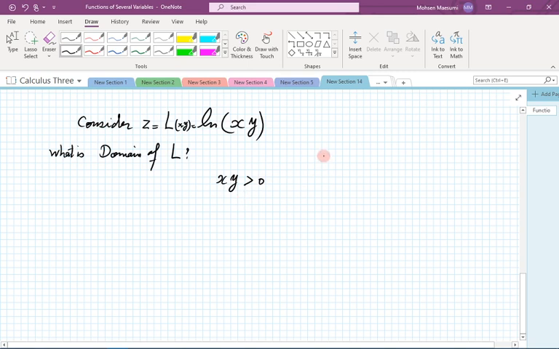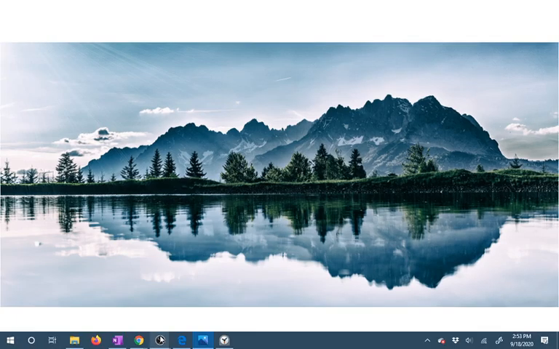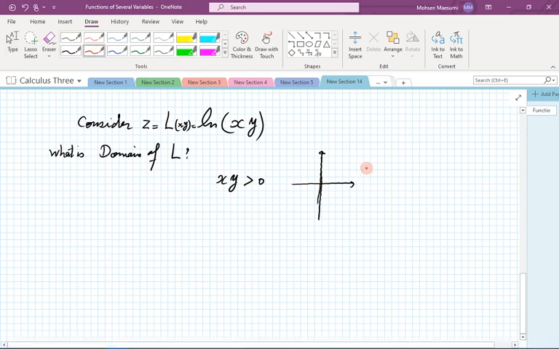What section of the coordinate plane corresponds to the solution of this inequality? You should be able to answer that quickly. If you said the first and the third quadrant: here x times y is positive, and here both x and y are negative, therefore their product is positive. xy here is positive, xy here is also positive, and these two other places, of course, are negative.